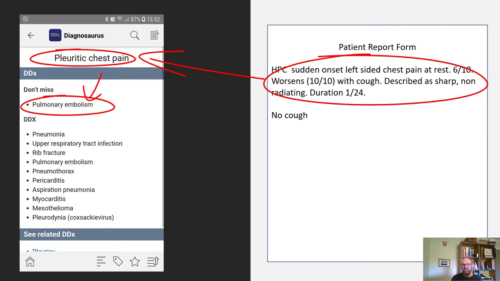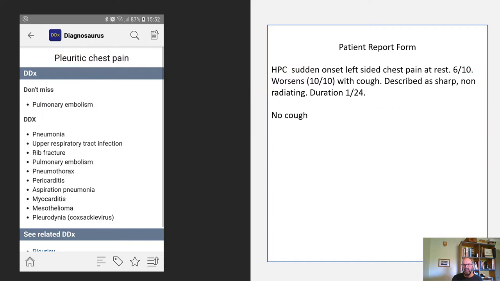I play the remainder of my illness script through my head, and it's telling me that people who are likely to have this are those that are on oral contraceptives, have had recent air travel, have been bed-bound, recent surgery, they're on anticoagulants, or they suffer from atrial fibrillation. So let's move on and see how that got documented.